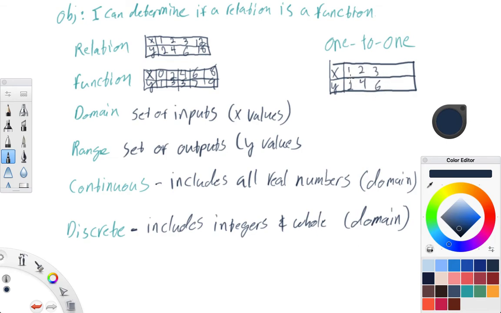Another way that they'll draw this is with 1, 2, 3, 4 as our inputs, and over here our outputs 2, 8, 7, 6. If it is one-to-one, then each number in our x is going to go to something in our y. If it's not one-to-one, then we could have something like 4 goes to 8, but 2 also goes to 8. That would be not one-to-one.